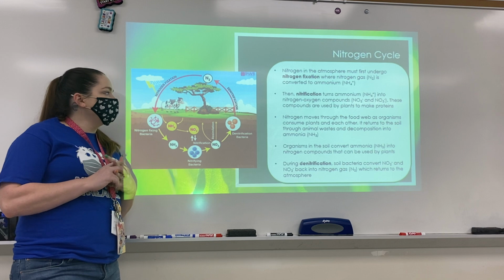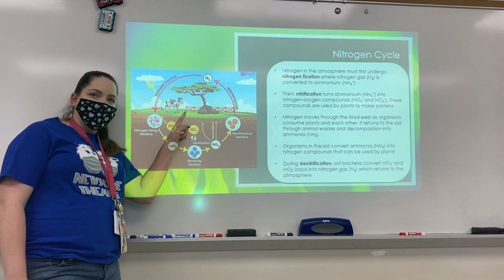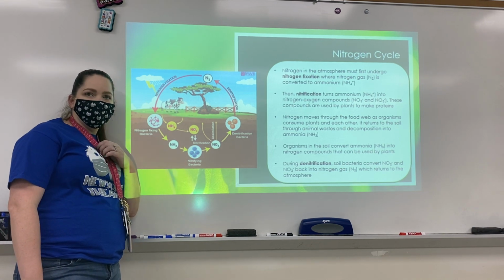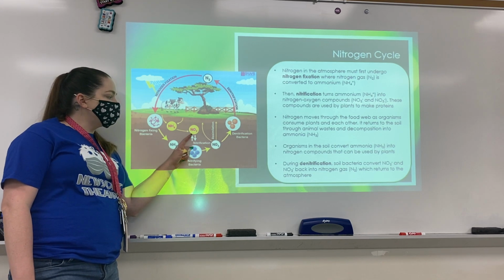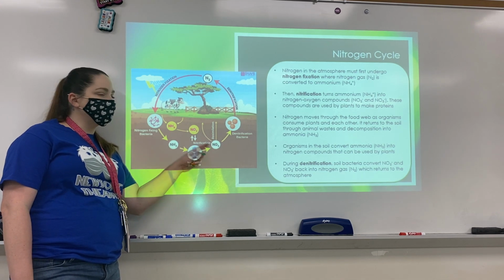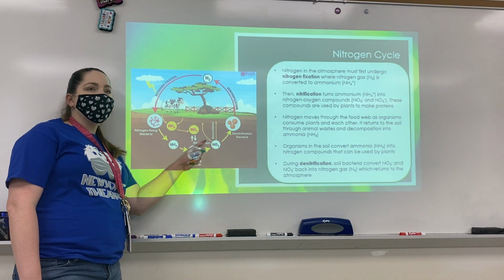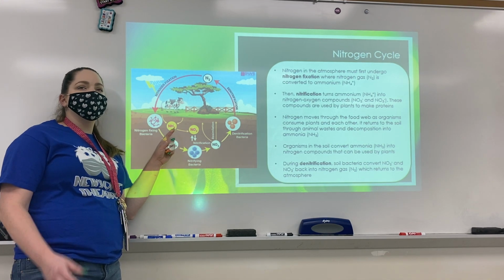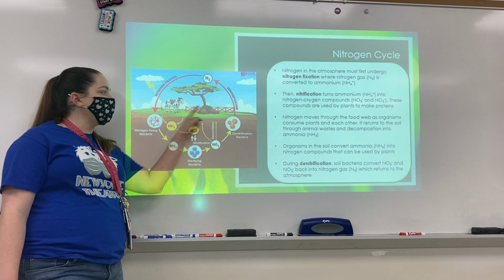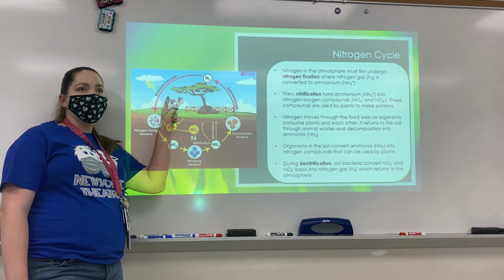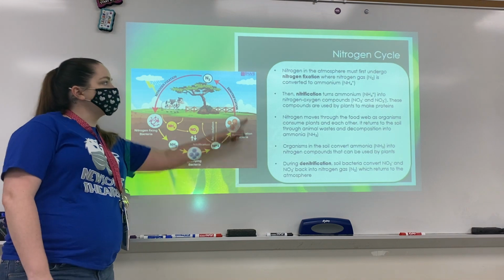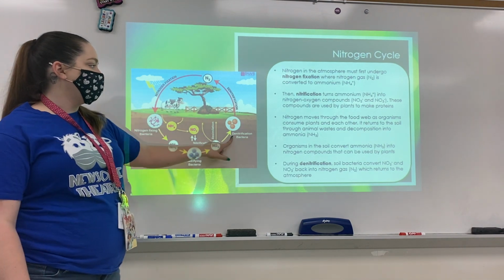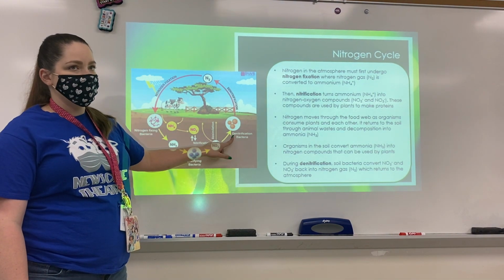And then the animals are going to eat the plants, and they're going to use the nitrogen in those compounds. Any NO2, NO3 compounds left over in the soil, or anything absorbed by the soil from animal waste or animals decomposing, is going to be turned back into nitrogen gas by a process called denitrification.